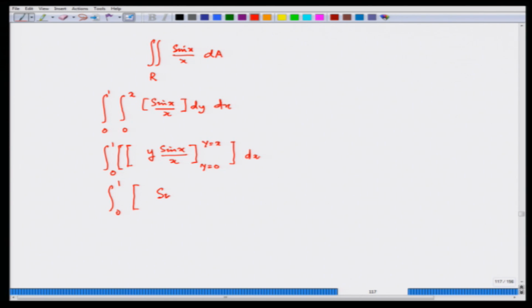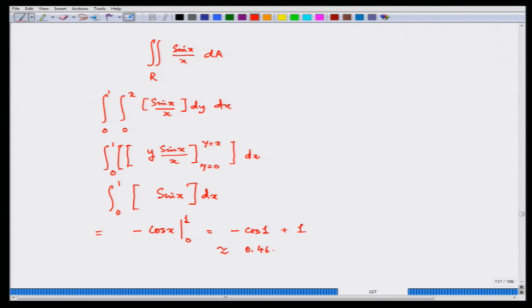So, it will become sin x dx. So, the answer is minus cos x from 0 to 1. Essentially it is minus cos 1 plus 1, which is approximately 0.46.